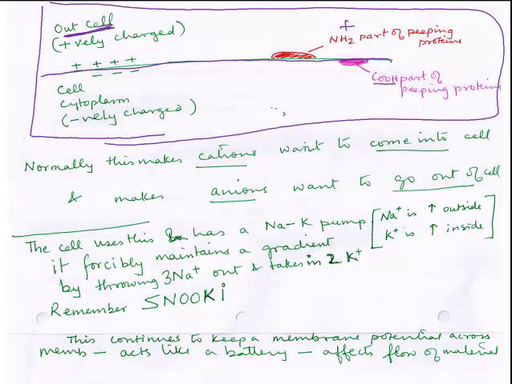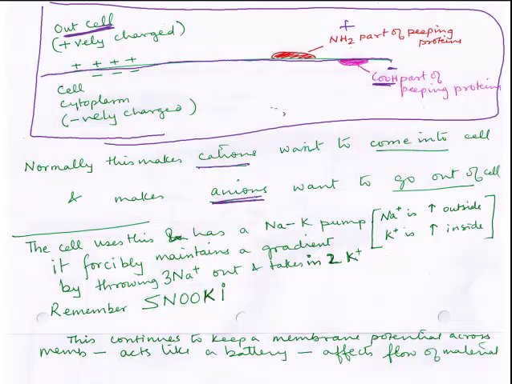The carboxyl part, which sort of keeps the negative charges, is what is present in the peeping proteins. So there is always a difference in charges between the outside and the inside. This makes the cations want to come into the cell and the anions want to go out of the cell.